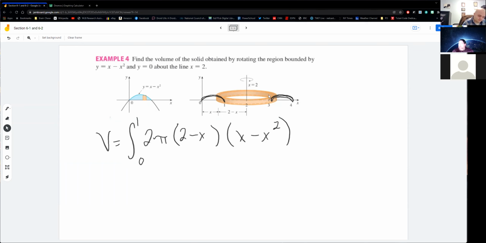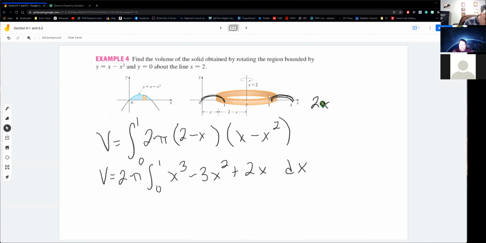All right, so now this one, we actually do have to FOIL this part out. We'll pull out the 2 pi. When you FOIL this out, we end up getting x to the third minus 3x squared plus 2x. So we got 2x minus 2x squared minus x squared plus x to the third.